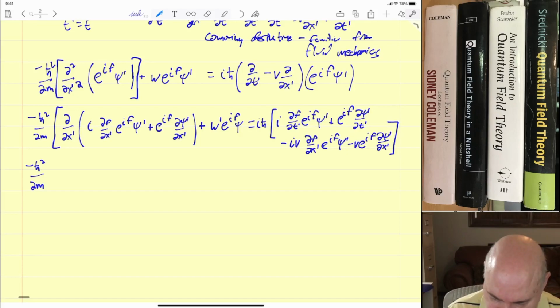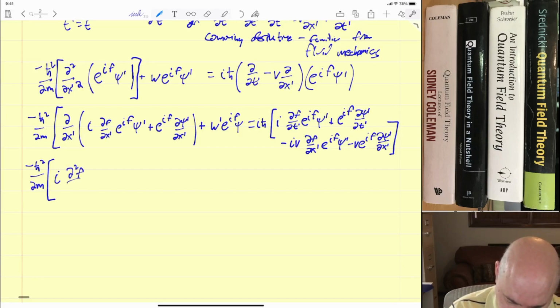I have 3 factors here, so I'm going to get 3 terms from that. And then I have 2 factors here, so I should get 5 terms altogether. Minus h bar squared over 2m, i, second partial of f with respect to x prime squared.